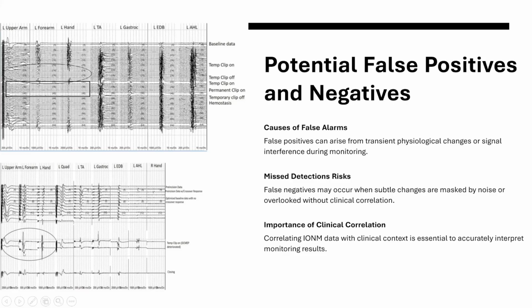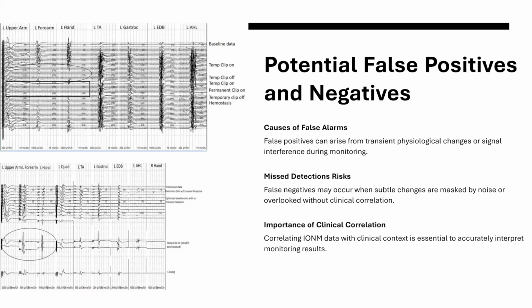But at the same time, the transcranial motor did not change at all. So this was a false negative, because the transcranial motor was bypassing the cortex and the area that was lacking perfusion due to temporary vessel occlusion, whereas the direct cortical was giving us the information that we needed. So this is where there's a lot of redundancy in some of these tests, because of the potential for false negatives and false positives for that matter.